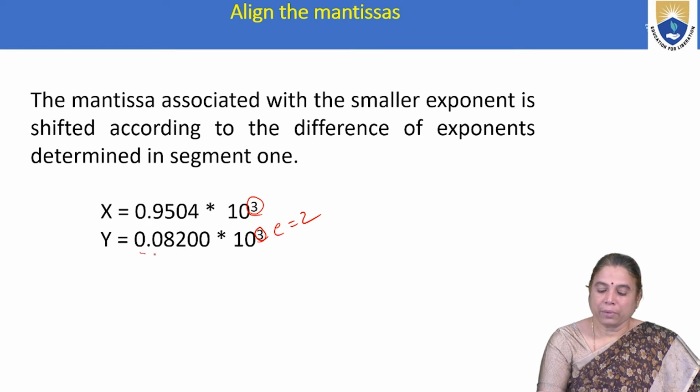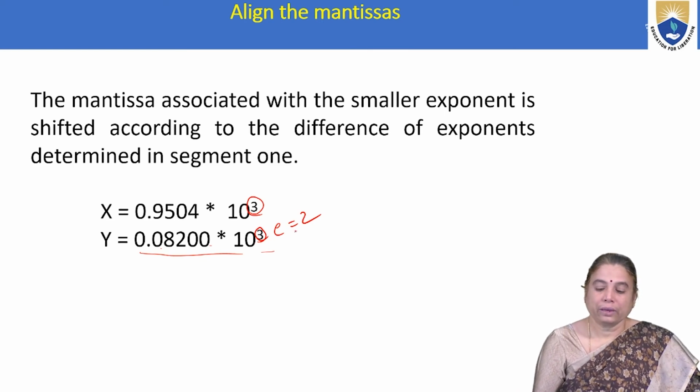So the second number is shifted with the help of a shift operation so that both exponents are equal to 3. The second number after alignment becomes 0.08200 into 10 power 3. So this is the second step, align the mantissas.